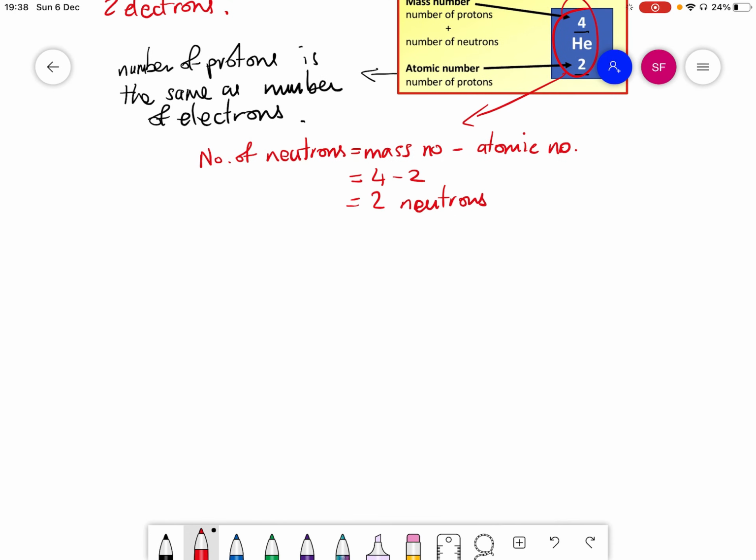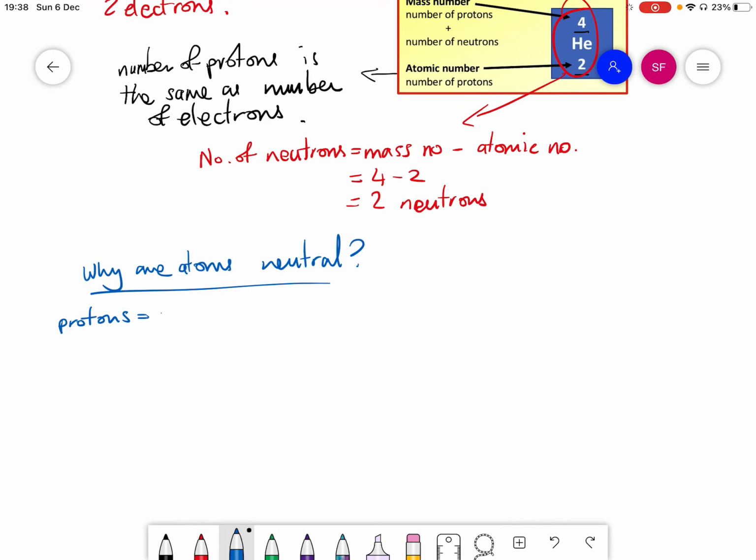Okay, so the last point that I want to talk to you about today is why are atoms neutral? So I've already mentioned that we have 2 charged particles in our atom. We have protons, which are a +1, and we have electrons, which are a -1. Our neutrons play no part in this because they have a neutral charge, they have no charge at all.